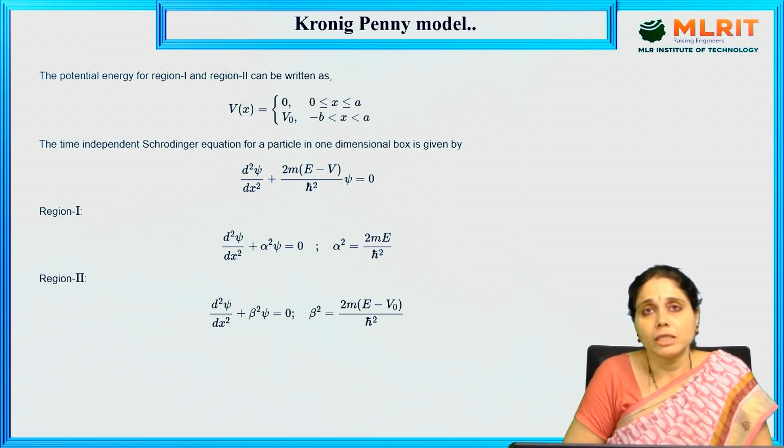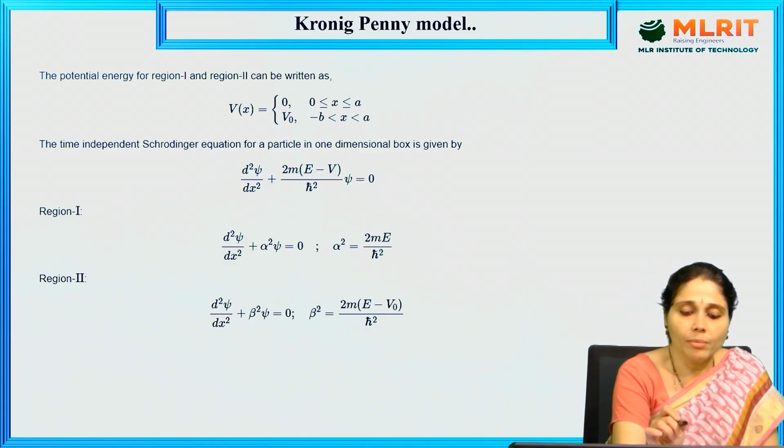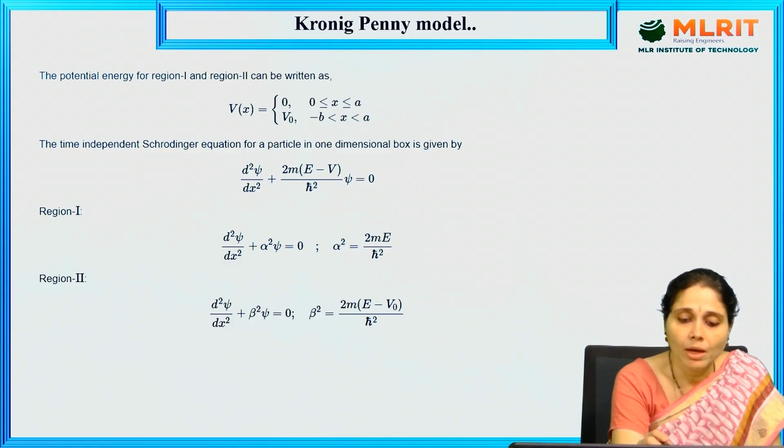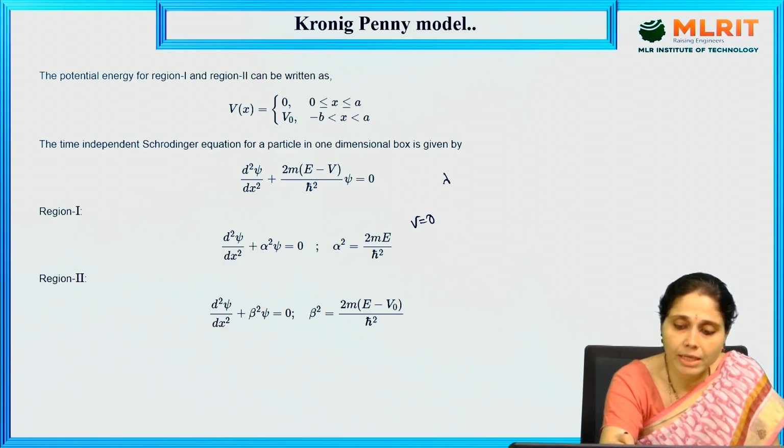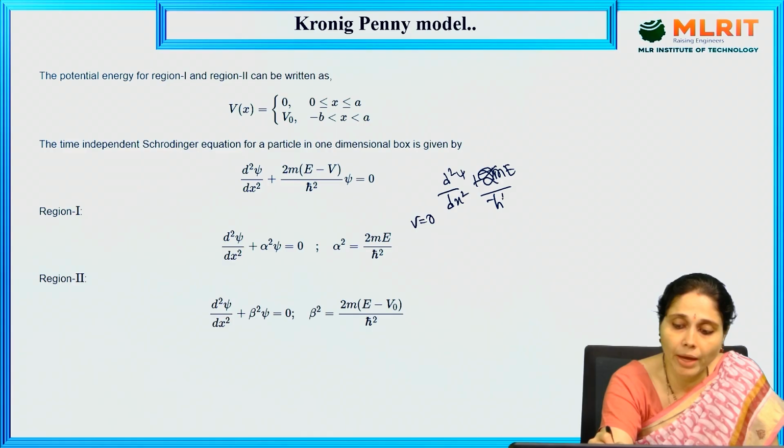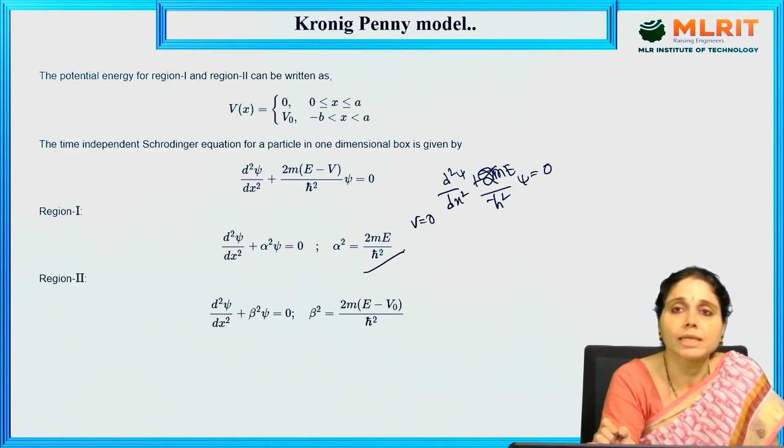Applying the boundary conditions for region 1 and region 2: for region 1, V equals 0, so d square psi by dx square plus alpha square psi equals 0, where alpha square equals 2mE by h cut square.